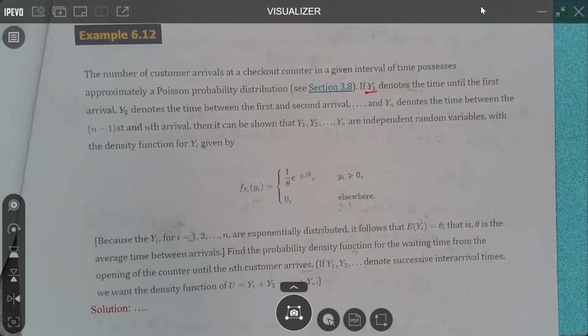And then the time of arrival for the third person, it is like that. So yn denotes the time between the (n-1)th and the nth arrival.